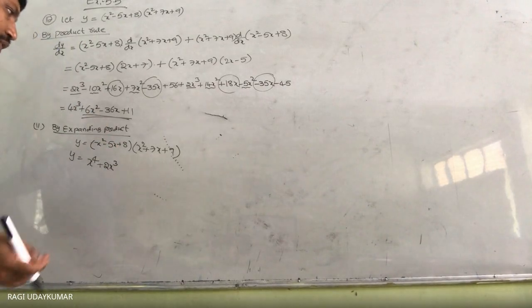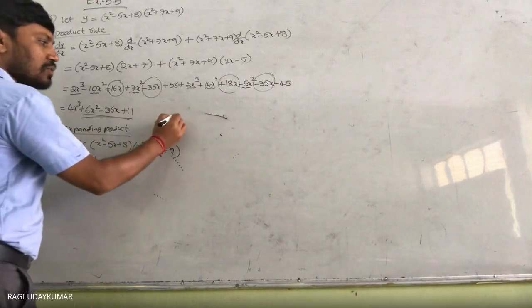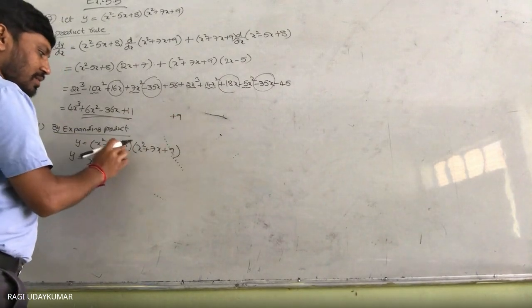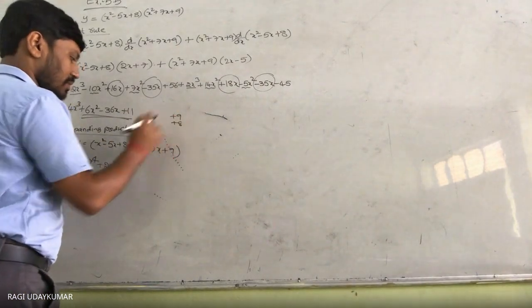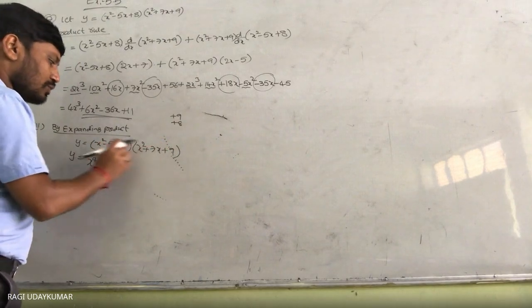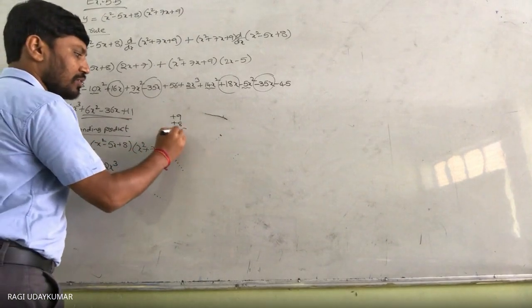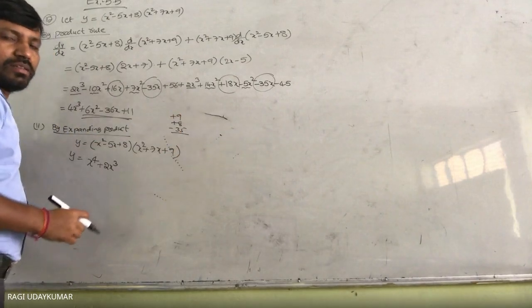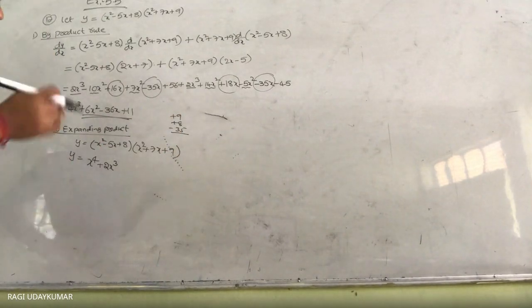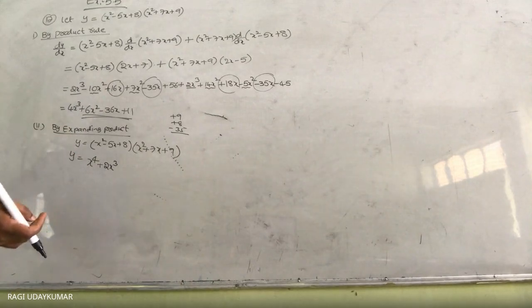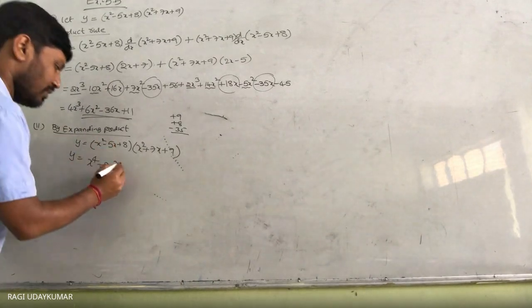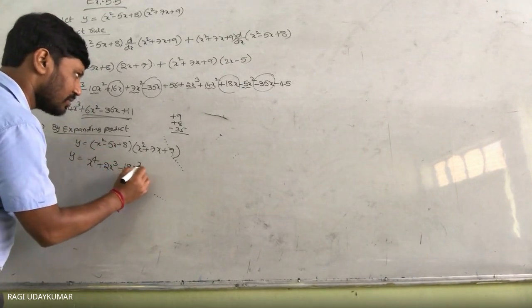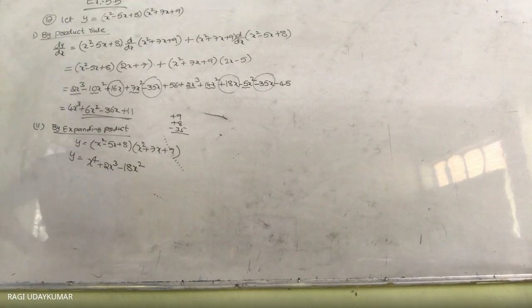X square whenever you take plus 9x square plus 9 plus 8x square. And if you multiply these two also, x square minus 35 you are going to get it. So 17 here minus 35, plus 17 minus 35. So minus 18. So minus 18x square. Okay.